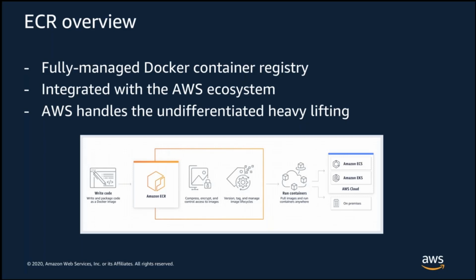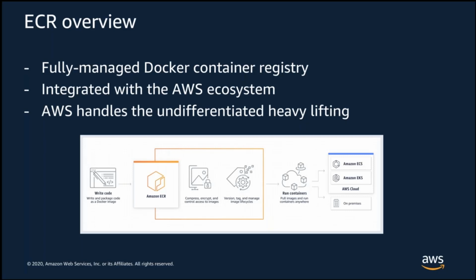Amazon ECR stores its images in Amazon S3, which means it inherits the high availability and durability that you get from Amazon S3. ECR also secures your images by encrypting them at rest using AWS Key Management Service, as well as in transit by using HTTPS. And AWS also integrates with the AWS Container Competency Partners.